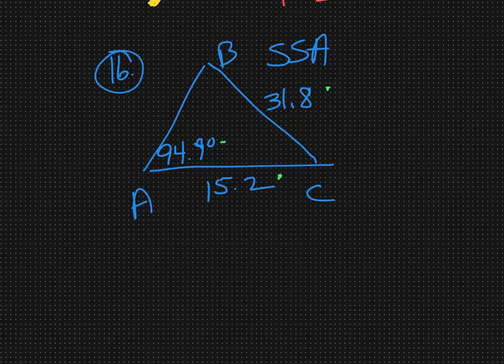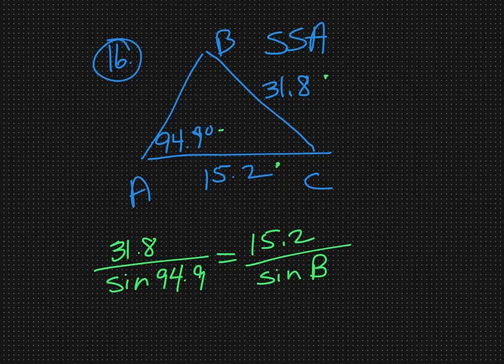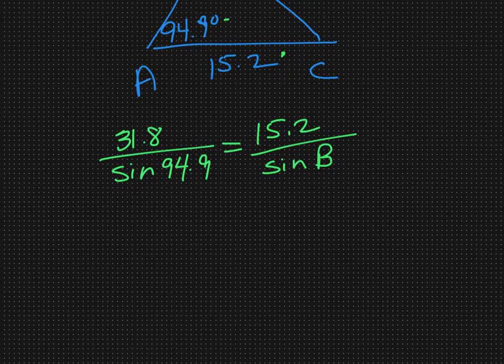So let's see how that's going to flesh out. If we try to set up the law of sines here, we'll have 31.8 over the sine of 94.9 equal to 15.2 over the sine of B. Okay, if we cross multiply here and then divide, first thing I need to think about is I just did a problem a few moments ago in radians, and this problem I need to be in degrees.